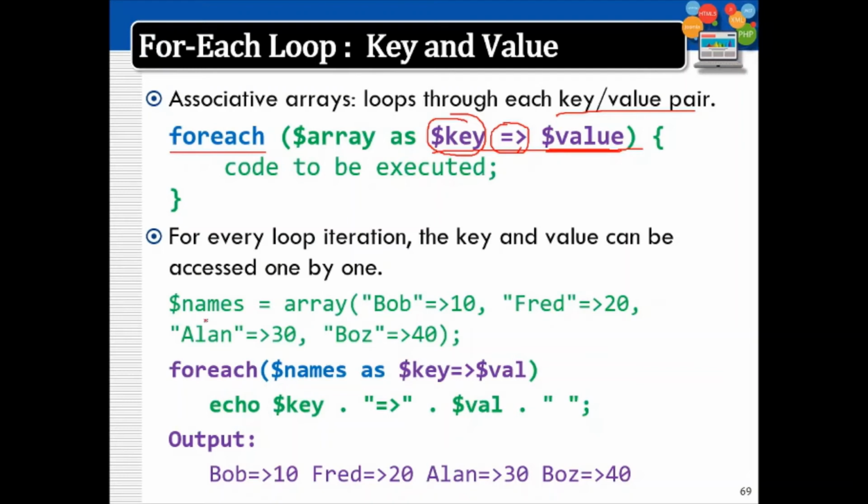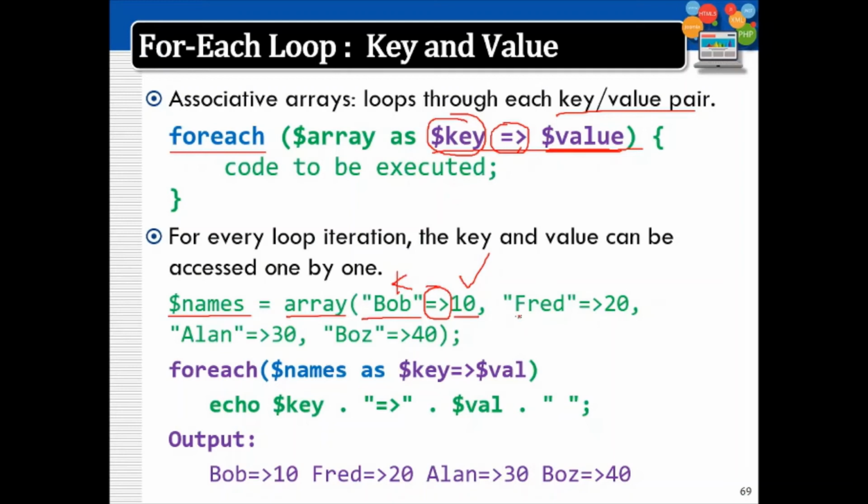So I'll just show an example of an associative array. So $names, this is an associative array. So this is how you create an associative array. We have to give the key. So Bob is a key and 10 is its value, and this symbol is used to give the key and corresponding value.